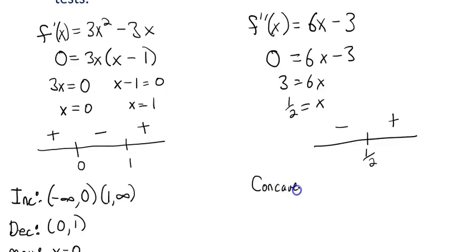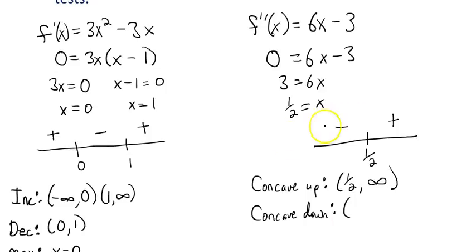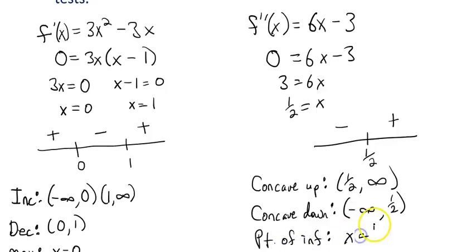Tells me that I am concave up, where that second derivative is positive, so that would be from 1/2 to infinity, and that I'm concave down from negative infinity to 1/2. And since it does change sign there from negative to positive at 1/2, I do have a point of inflection at 1/2.